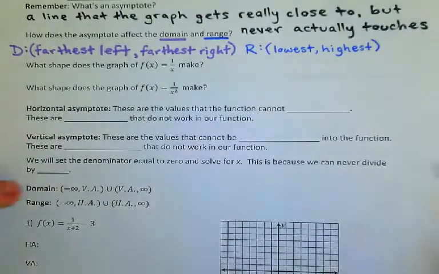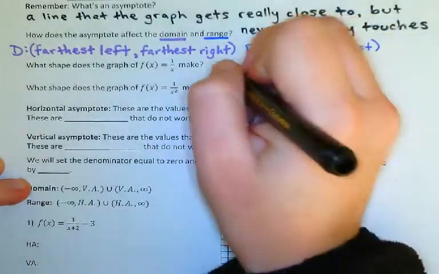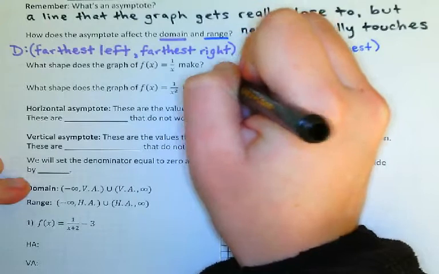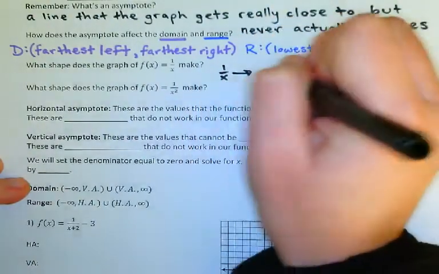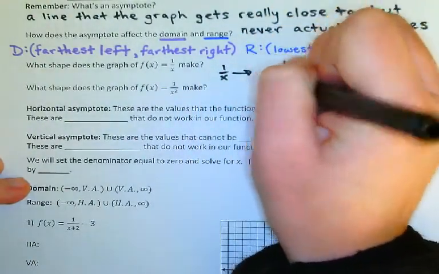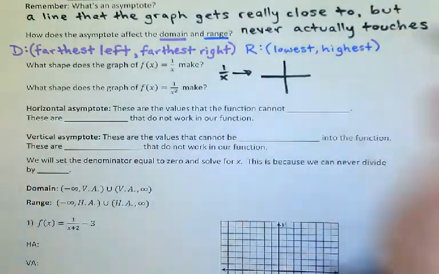So I'm going to show a little example of this. 1 over x, that graph looks like this.